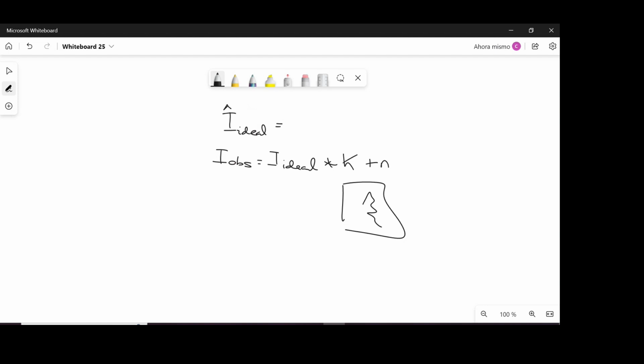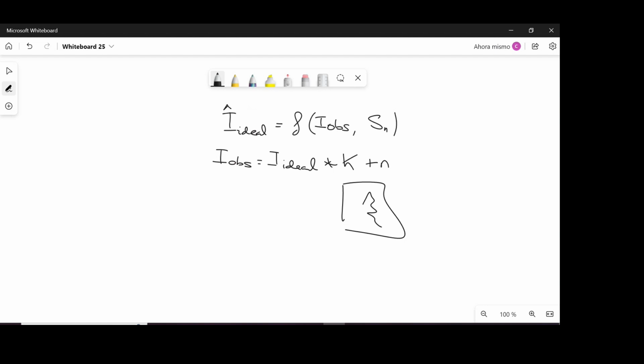So can we have an estimate of what the ideal image is based on the observation and maybe some properties of the noise? And the typical property that we will need is the power spectrum of the noise. So given the power spectrum of the noise and the observed image, can we estimate what the ideal image is?